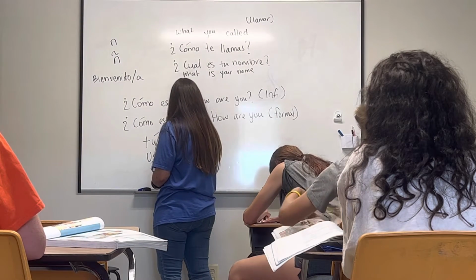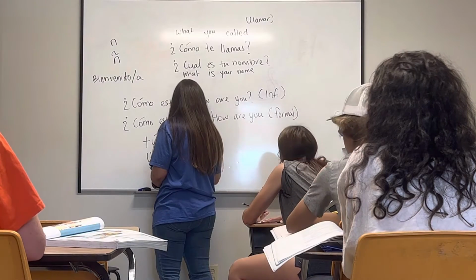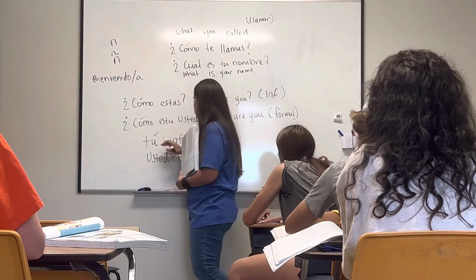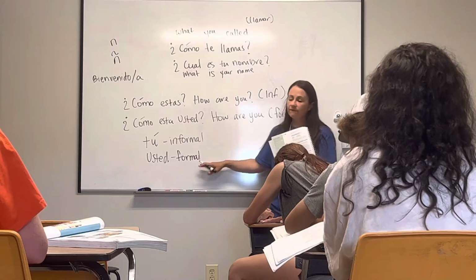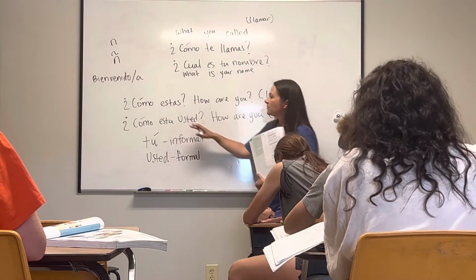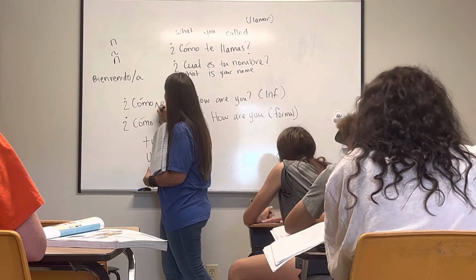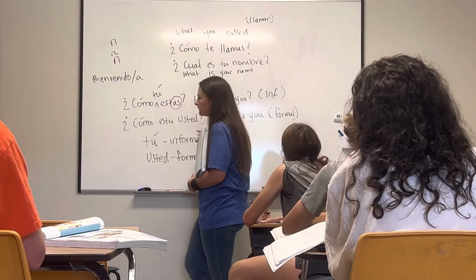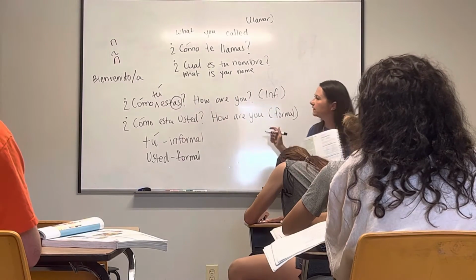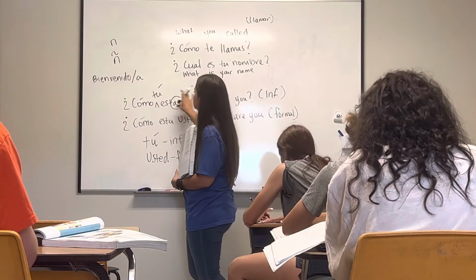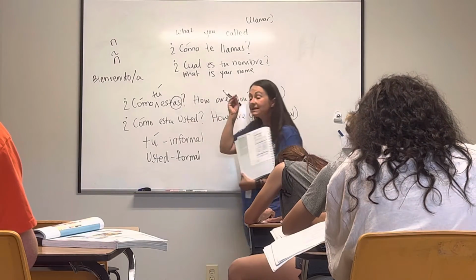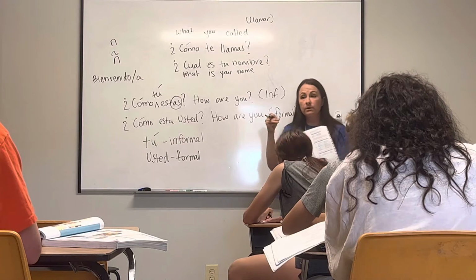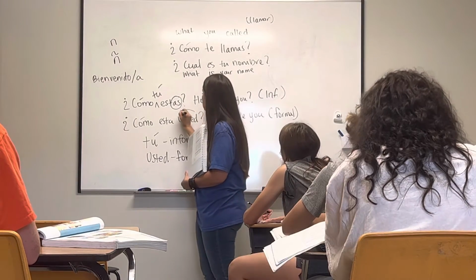Okay. I'm on 2. All right, tú informal, usted formal. Okay. Now up here, this is confusing because they don't have to put the tú here because this ending on the verb, which isn't super important right now, shows you that it's the informal. The biggest thing that you need to remember that will help you when you're doing your work is this word right here.